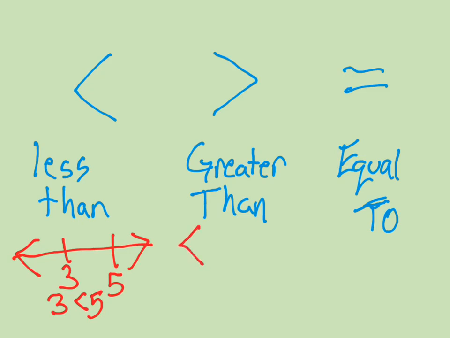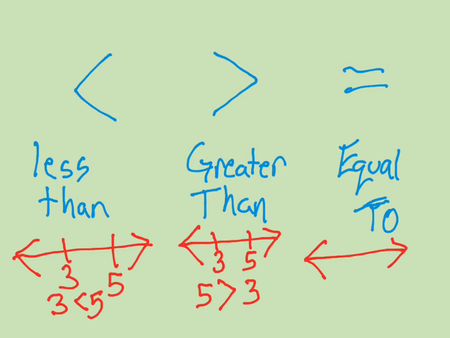Now, if we look at 3 and 5 again, but this time I want to compare 5 and 3, is 5 to the left of 3 on the number line? No. 5 is to the right of 3 on the number line, and so we say 5 is greater than 3. And then equal to means that they hold the same place on the number line.